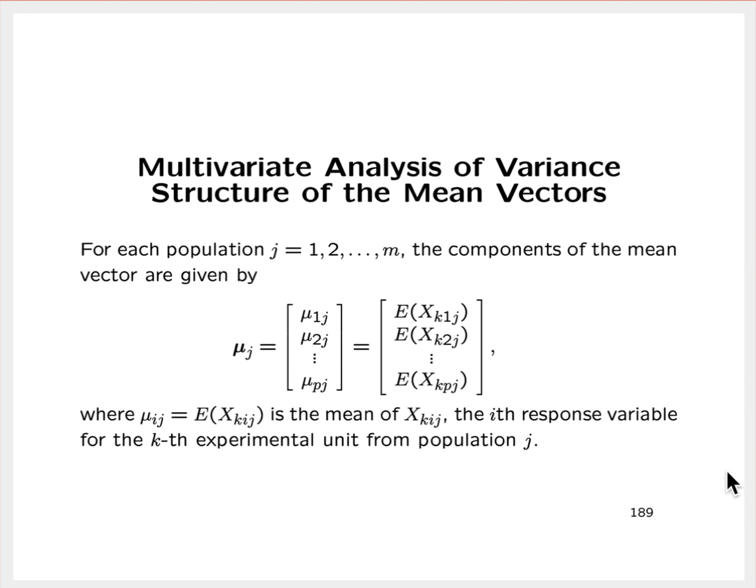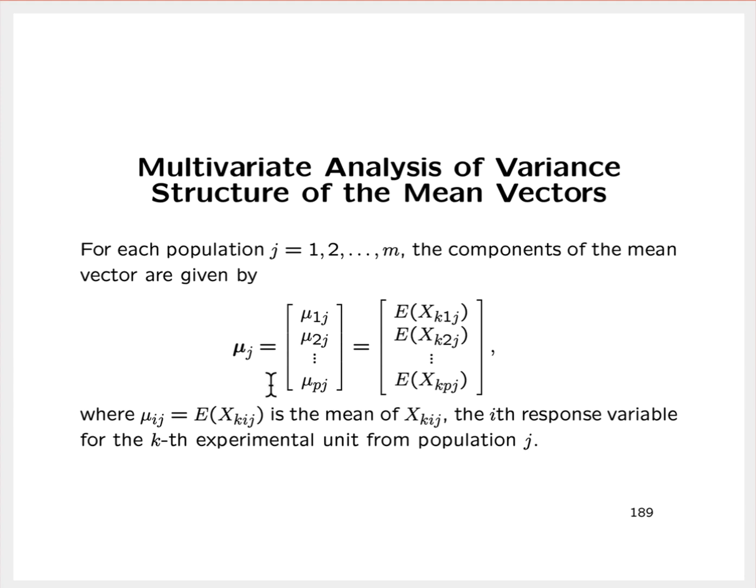Now let's look at the structure of a mean vector and remind ourselves what it looks like. In this notation, I'm going to let j represent the population that we're talking about, and so j goes from 1 to m. And the mean vector for the jth population, which is mu sub j, is a p by 1 vector.